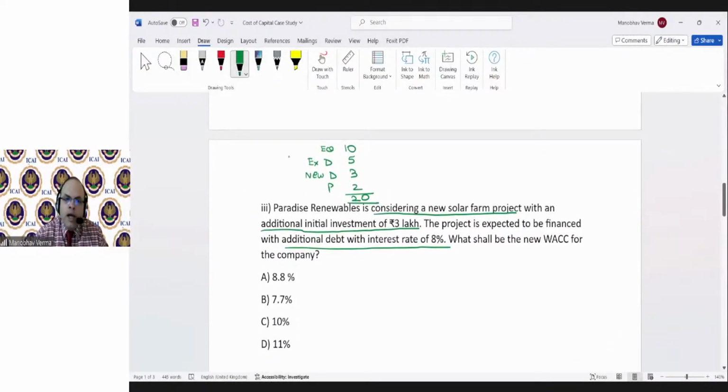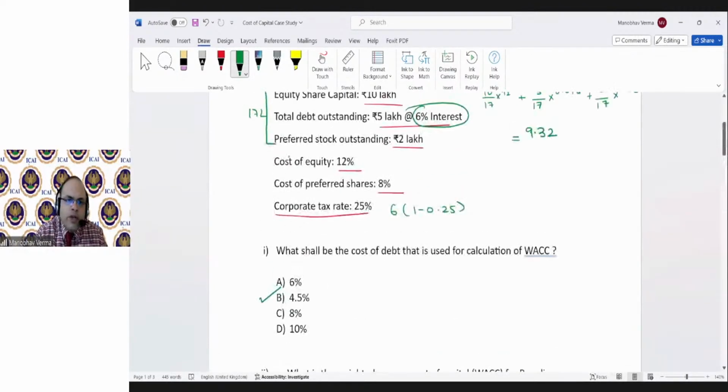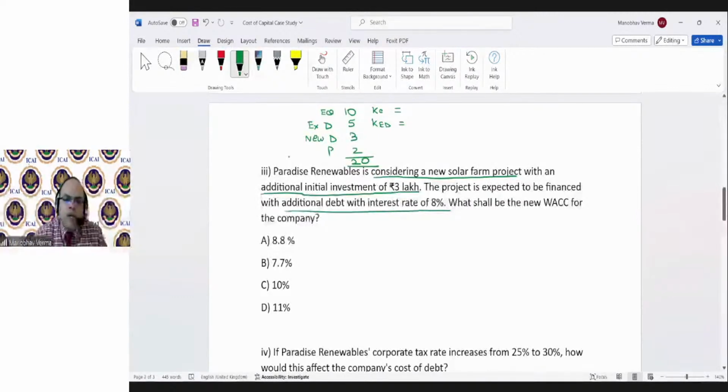And we all have calculated cost of equity that will remain the same. Existing debt, what was the cost of existing debt, guys? What was the cost of equity which was given to us? So cost of equity given to us is 12%. Existing debt you all had calculated as 4.5%.